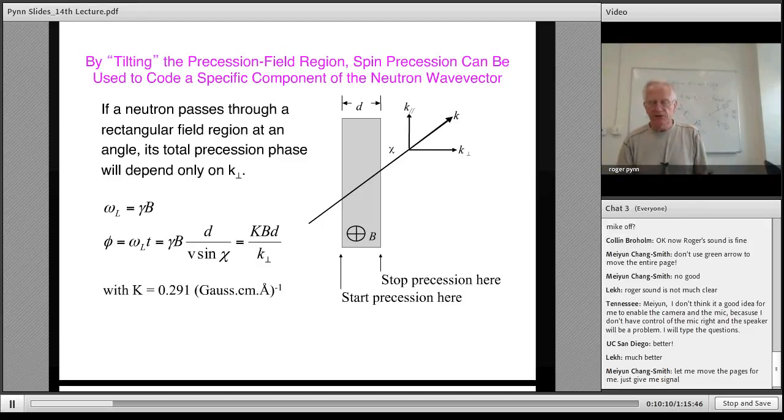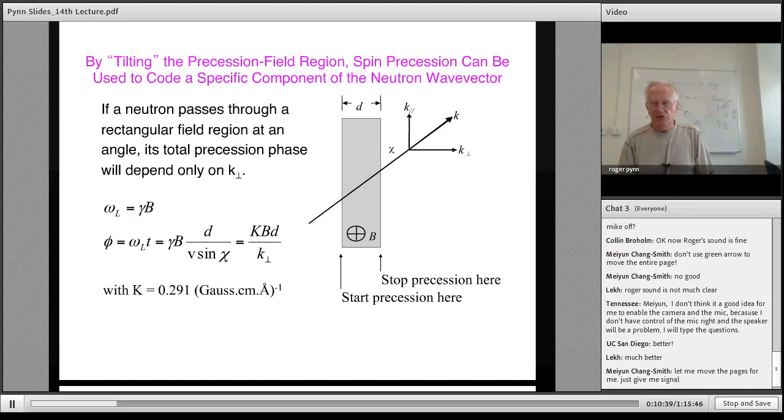So in fact, the phase depends upon the component of the wave vector that is in this direction, which I've called k perpendicular. So we have a way, if you like, of using spin echo to label this wave vector rather than labeling the total wave vector of the neutron, which is what we did in the other situation.